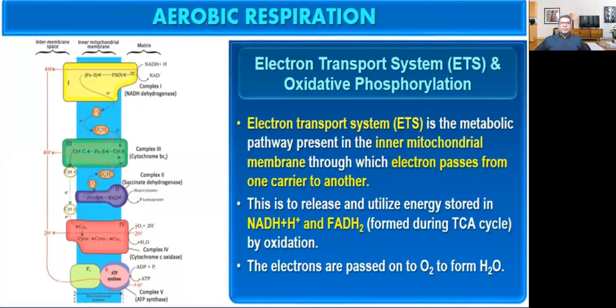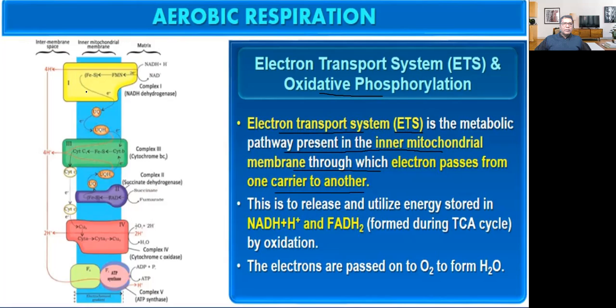Now we'll be discussing aerobic respiration, the electron transport system, that is ETS, and oxidative phosphorylation. The electron transport system, ETS, is a metabolic pathway present in the inner mitochondrial membrane through which electrons pass from one carrier to another.